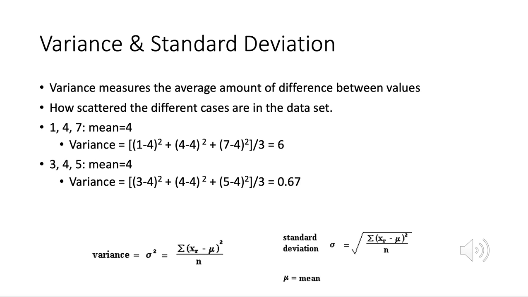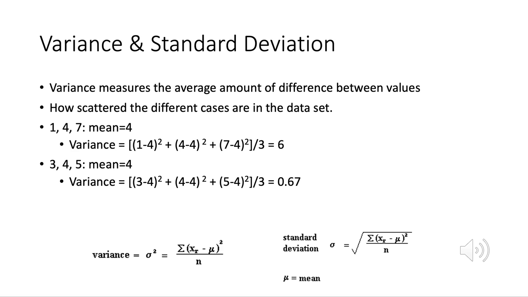For example, to calculate a variance for the first dataset, 1, 4, and 7. The first step is to calculate the mean. So 1 plus 4 plus 7 and then divided by 3 equals 4. The second step would be to calculate the difference between each value and the mean. That is 1 minus 4, 4 minus 4, and 7 minus 4.